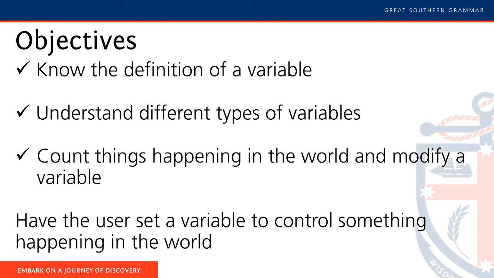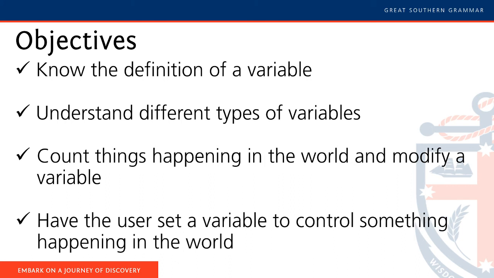We've then used an arrow counter to count things happening in the world. And that was our arrow shot, and then we've modified a variable as the programs run. And the final program we built was to allow the user to set a variable to control the builder to create lines in the world.